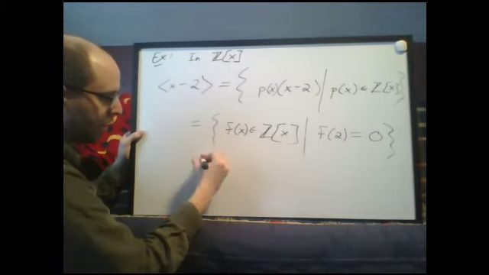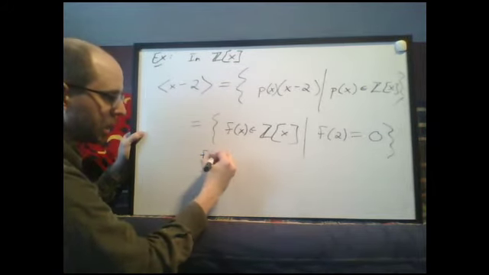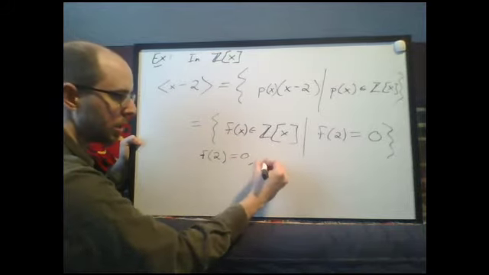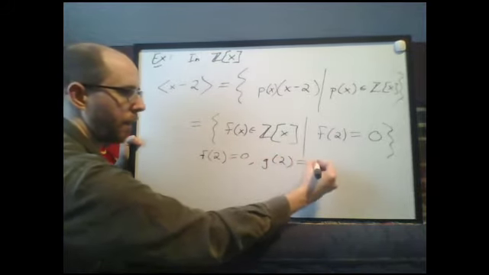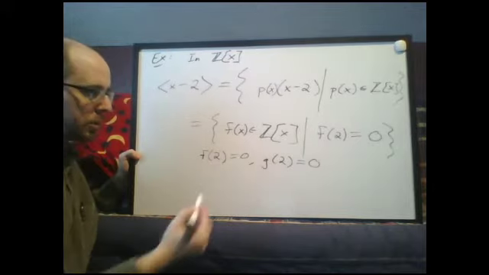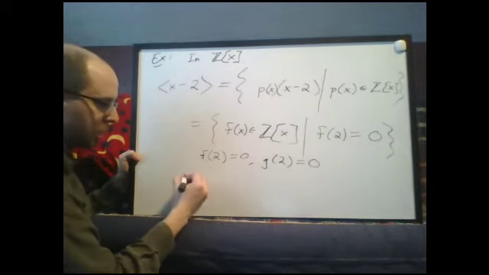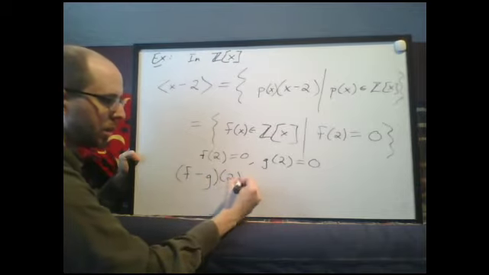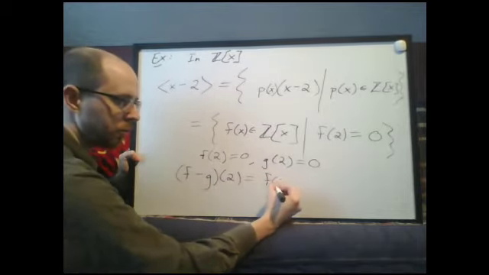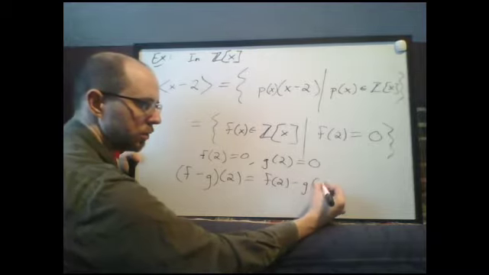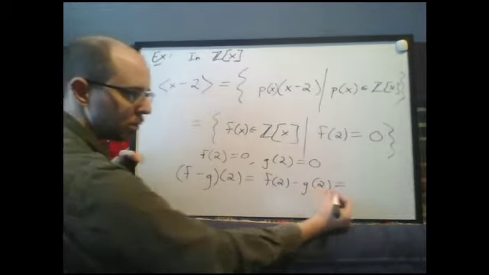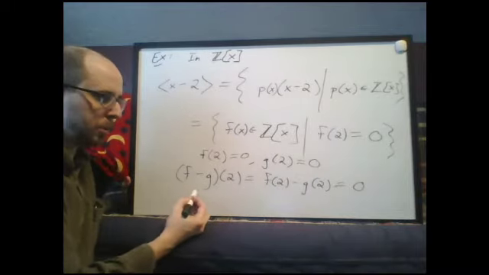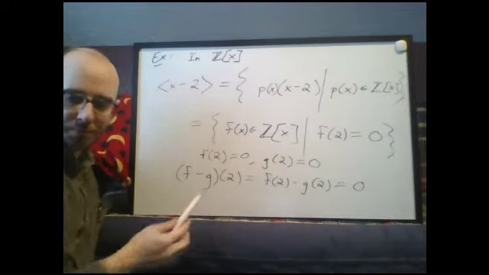Like if f and g both satisfy this condition, so they're both integer polynomials, and they both have 2 as a root, then their difference, f minus g of 2, that's going to be f of 2 minus g of 2, which is 0 minus 0, which is 0. So the difference of these two polynomials also satisfies this condition.